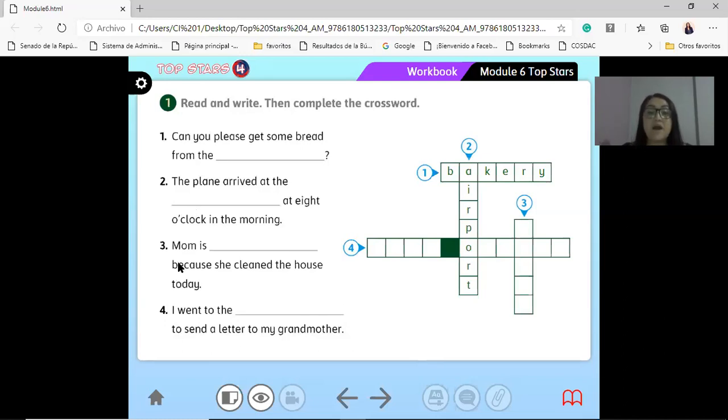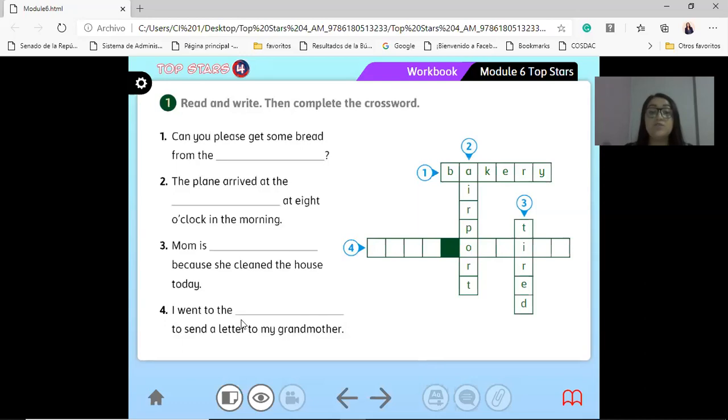Number 3, Mom is... because she cleaned the house today. Mi mamá está, adivinemos la palabra, porque limpió la casa hoy. My mom is tired.